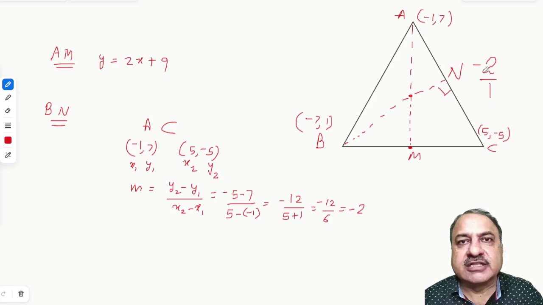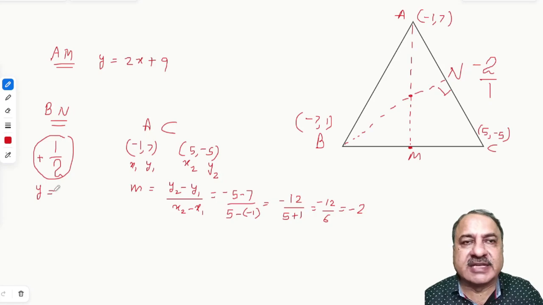-2 is the slope of AC. -2 means -2 over 1. To get the slope of BN, we will find its negative reciprocal. We will flip it, it means 1 by 2, and we will change the sign, so we will use the plus sign. So 1 by 2 is the slope of BN. The equation of BN is y equal to mx plus c, m is 1 by 2.